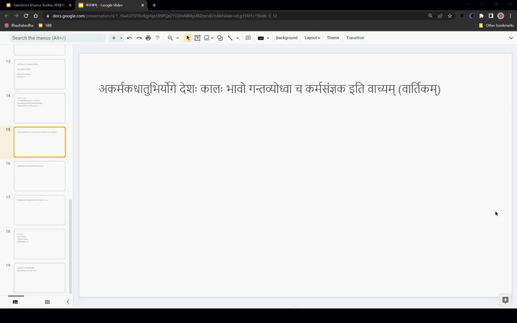So while reading this grammar and making sense of it, these things have to be kept in mind. Just because there is a rule or some statement, some sutra or vartika, that doesn't automatically mean that you can casually start substituting these everywhere. Like this other example which I keep on talking about, bhuta krudanta also, right?